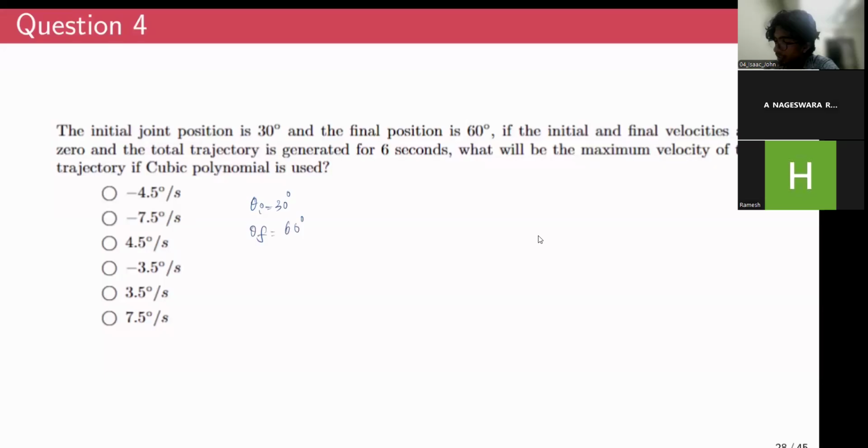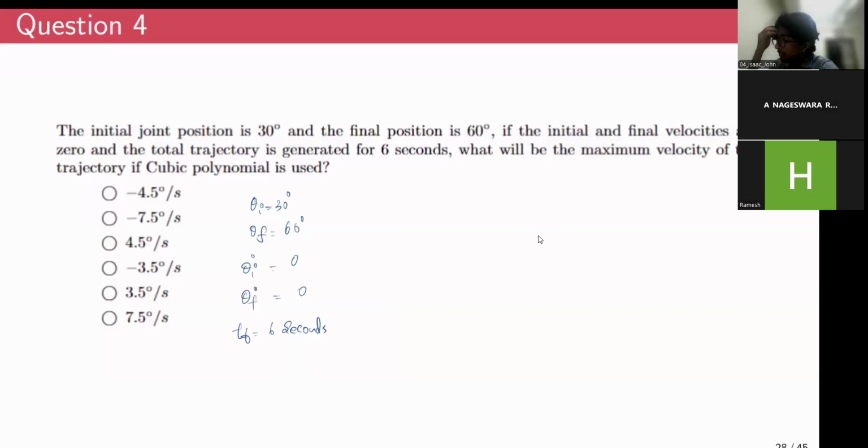Initial and final velocities are considered to be zero. So theta I dot would be 0 and theta F dot would also be 0. And the total trajectory is generated for 6 seconds. So the duration of the trajectory is 6 seconds.